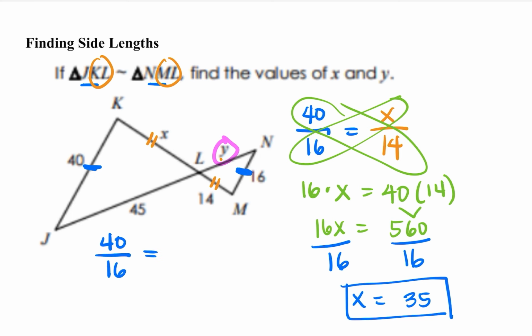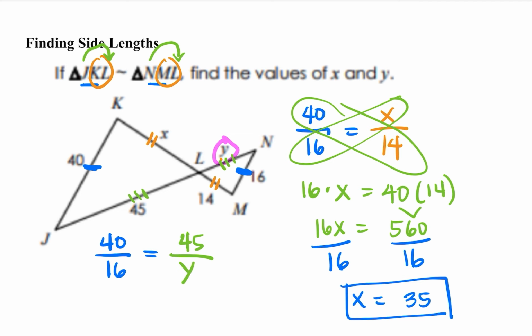This time, instead of using KL, we are going to use JL, the first and last letters. JL is 45, and the bottom would be NL, which is y.